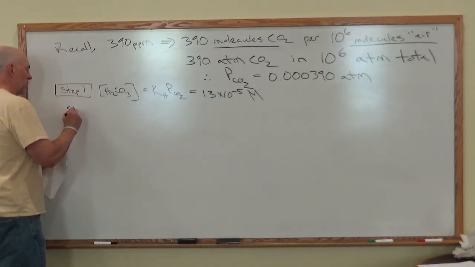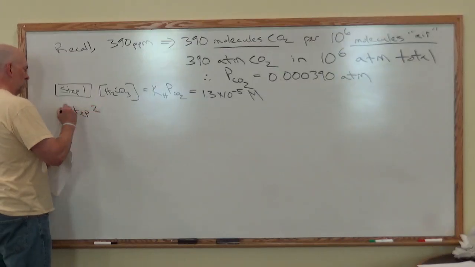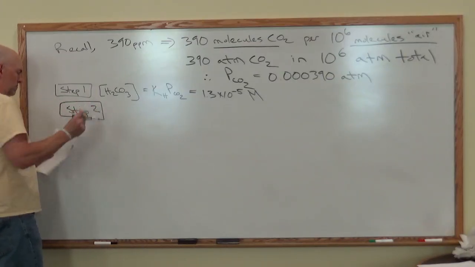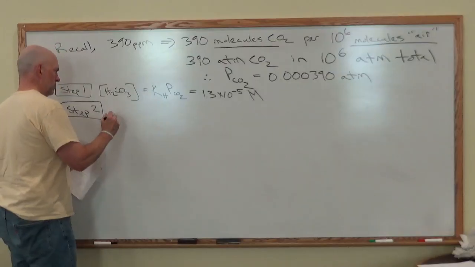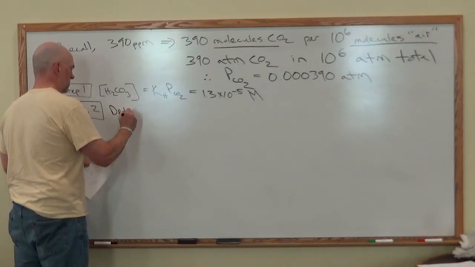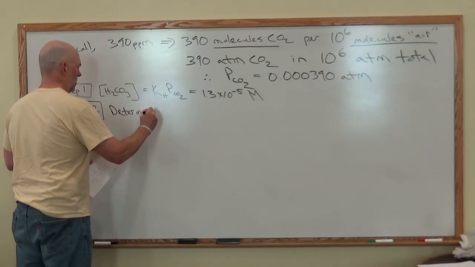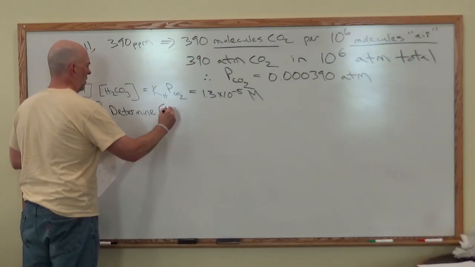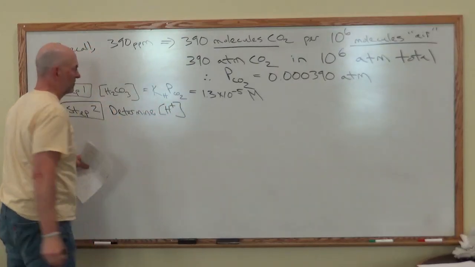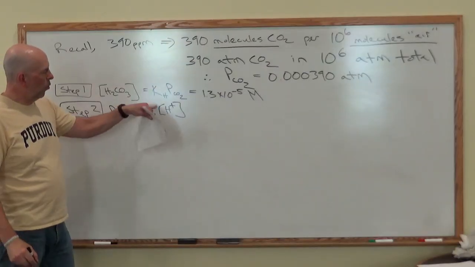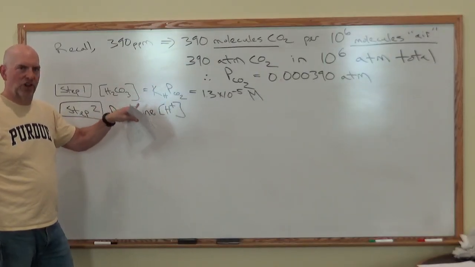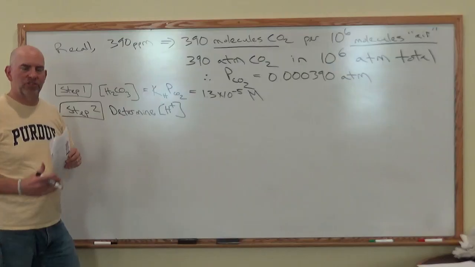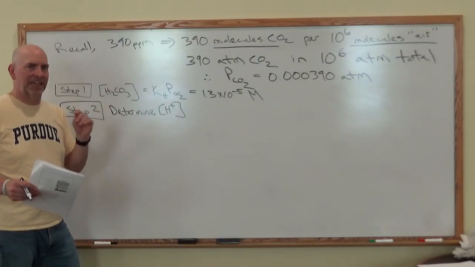Step 2 is a little bit more involved. Ultimately, what we're after is the H plus concentration. That's what we use to measure how basic or acidic something is.